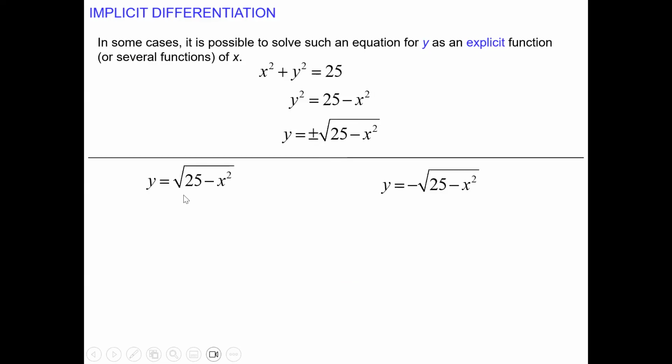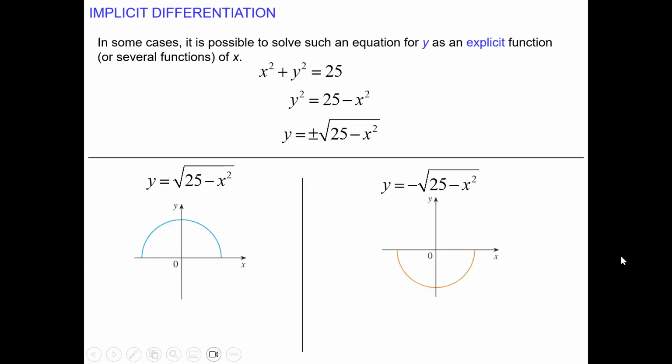We get the positive square root and the negative square root, the upper semicircle and the lower semicircle. Now we will get the derivative. It's easy now: the derivative of the outer function times the derivative of the inner function. The derivative of the square root times the derivative of the inner function, negative 2x.